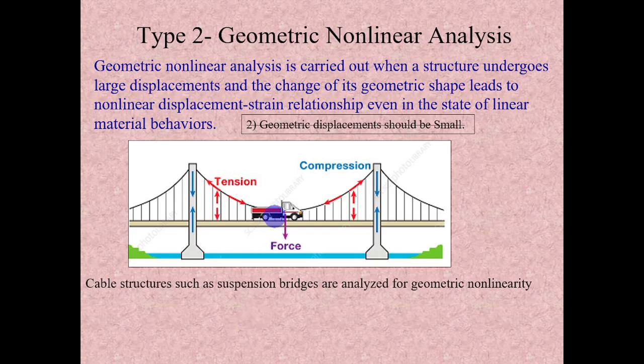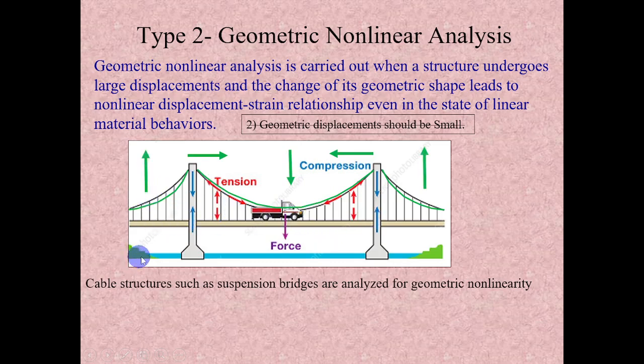In this case, if the load is applied here, originally the cable will look something like the green color shown, right? When the load is applied here, this pylon will move inward and this cable will go down. And if there is no loading on the approach spans, those cables will go up.